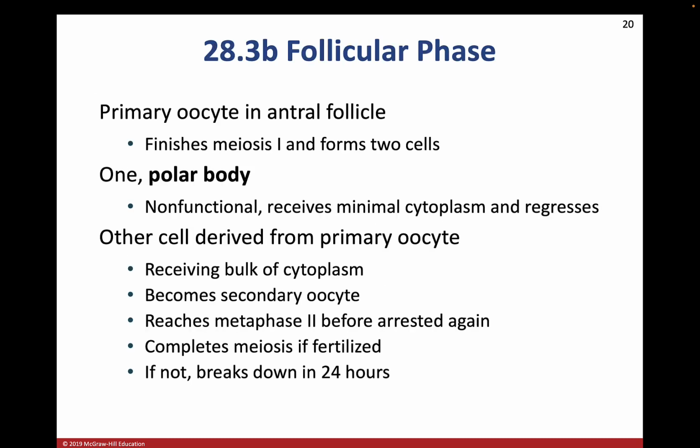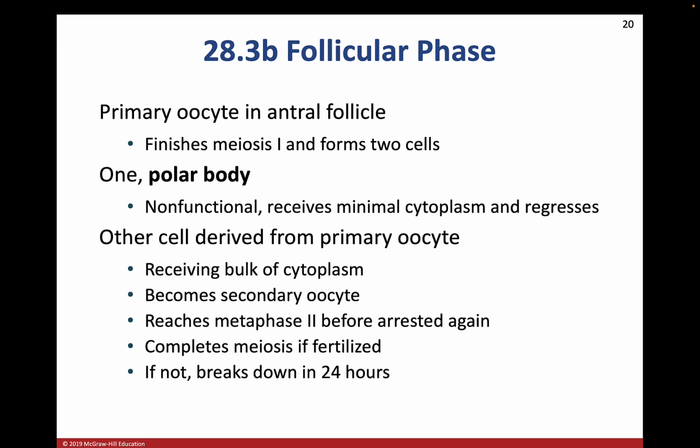At this time, as we saw previously, the oocyte is actually forced to one side of the follicle. Now, when we look at the primary oocyte, which is in the antral follicle, we're looking at finishing meiosis 1, and two cells are formed. One is a polar body. This is non-functional, does not receive a lot of cytoplasm, and will regress. The other cell is actually derived from the primary oocyte.